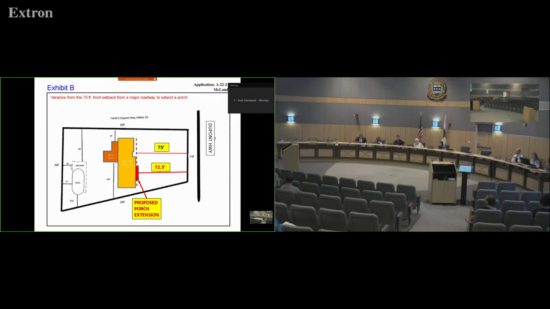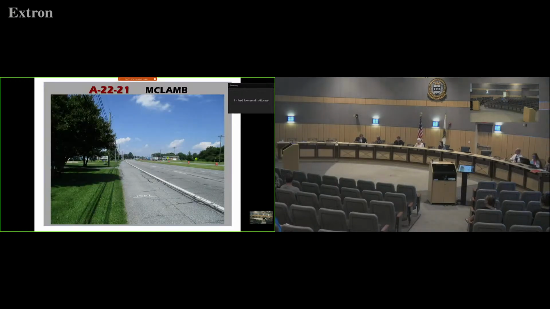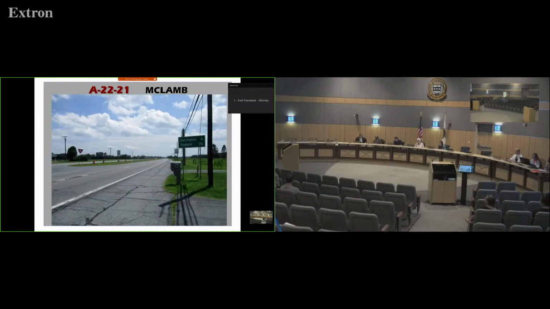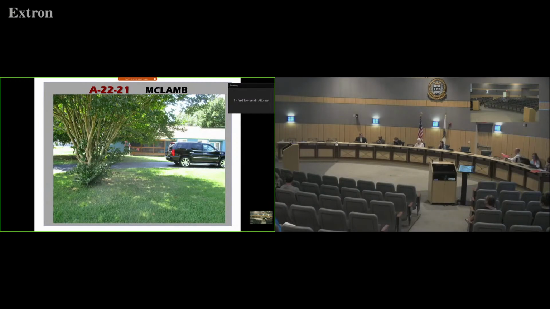Here you will see that the porch extension is at 72.5 feet from the front property line. Again, the required front setback is 75 feet, so they are asking for a 2.5-foot variance. Here's looking down the highway, further south. This is looking at the porch extension, which was already installed.